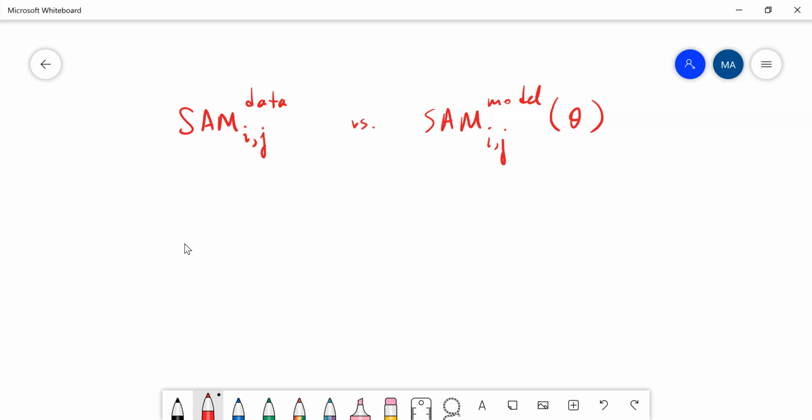For this reason, it depends on parameters, theta here. So theta is in some set. This could be many. So theta could be theta 1 through theta r. There could be many thetas.